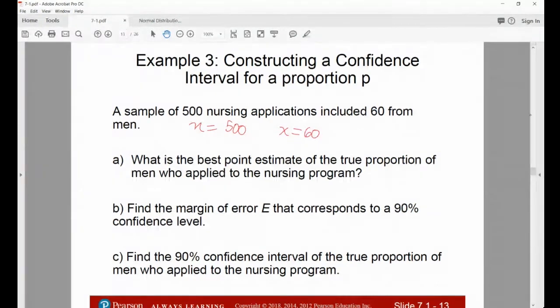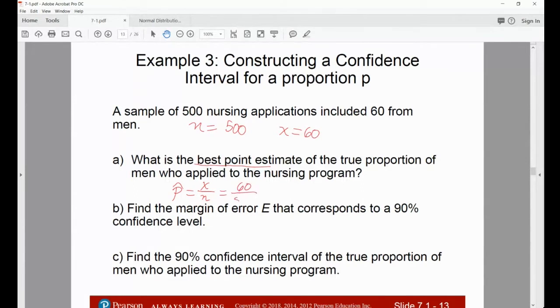So what will be the best point estimate of the true proportion of men who apply to the nursing program? We already know that the best single value that we can use to estimate the population proportion is the sample proportion. And the sample proportion is X over N, the number of successes divided by the sample size.